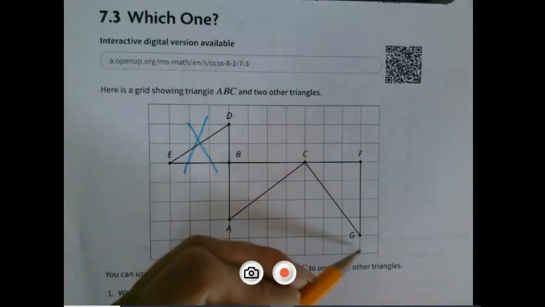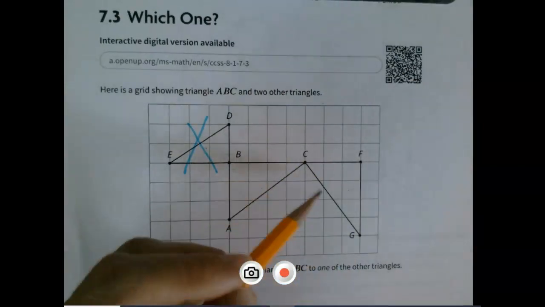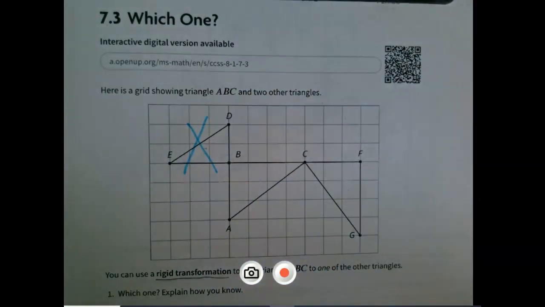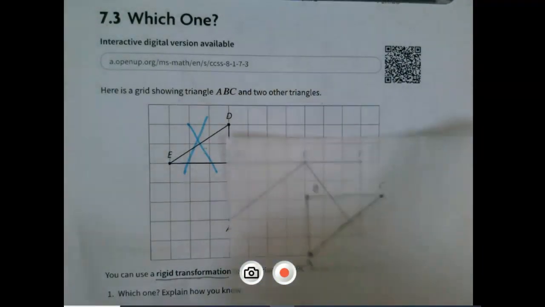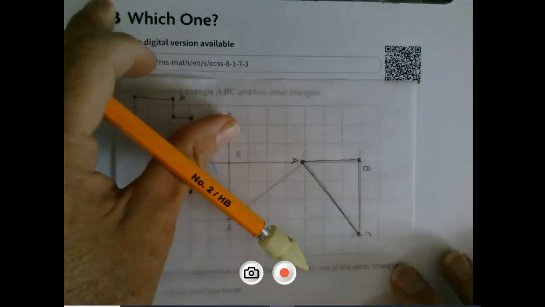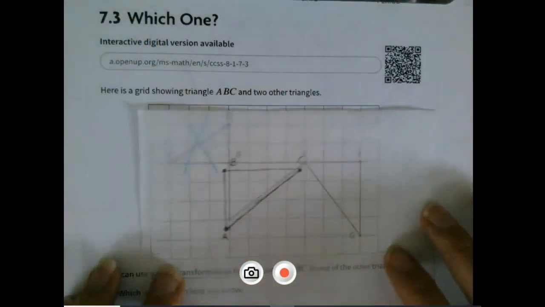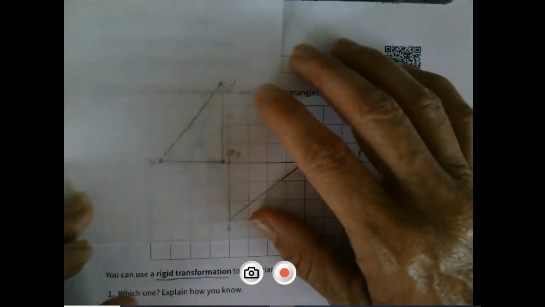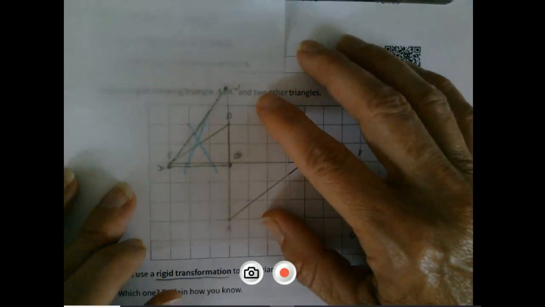Okay, CFG would be the same because remember it keeps the same side lengths, and you could also trace your triangle on tracing paper. Then you could have seen it was the exact same size. Yes, the angles are the same size.